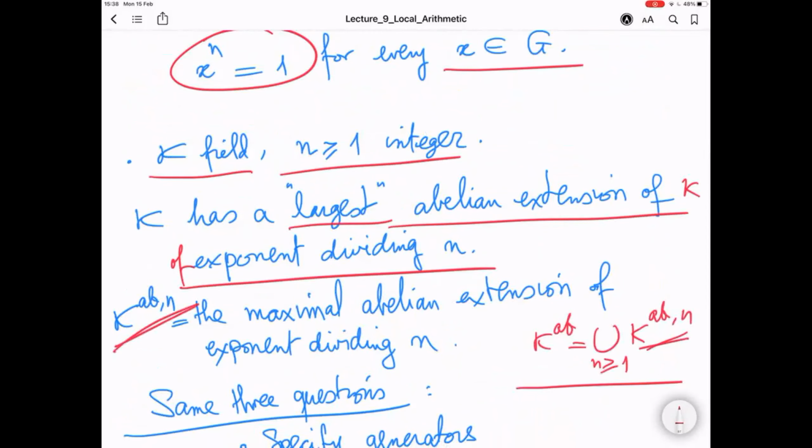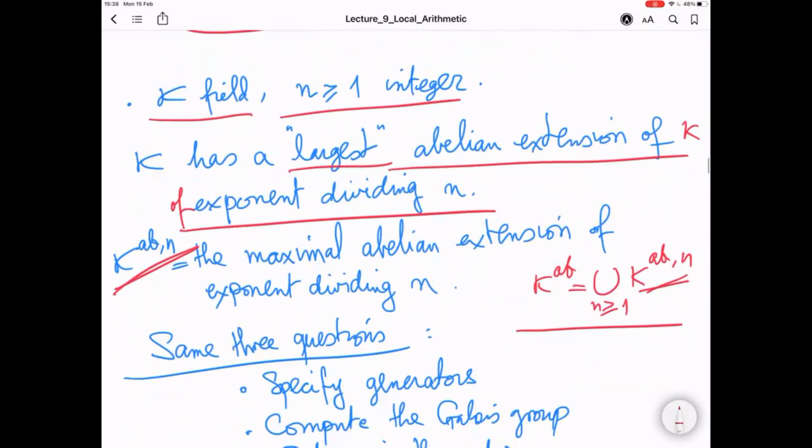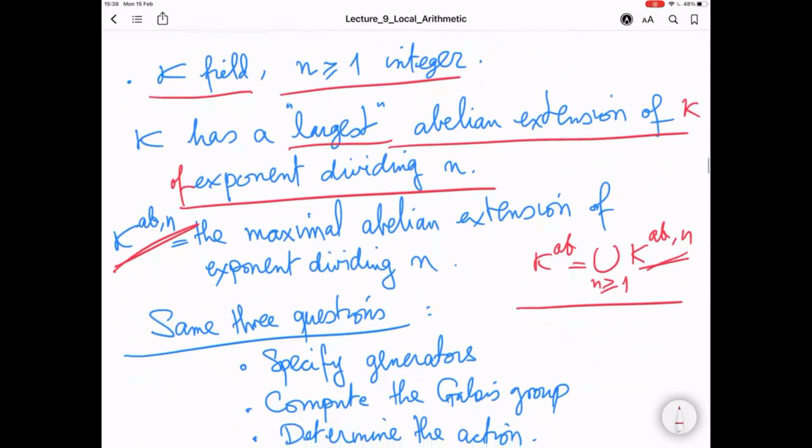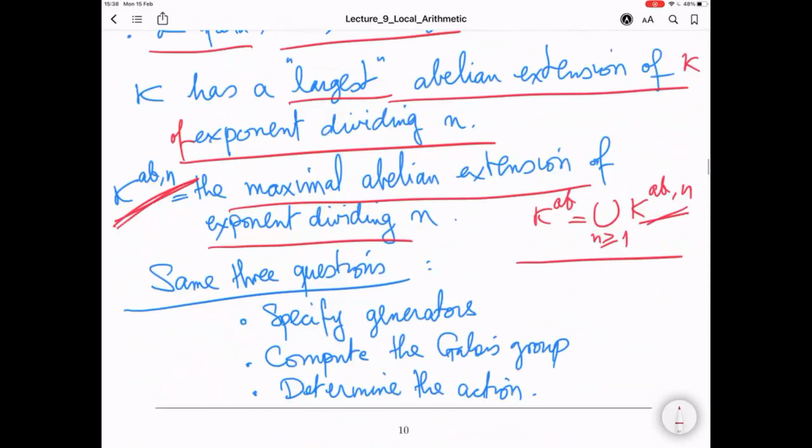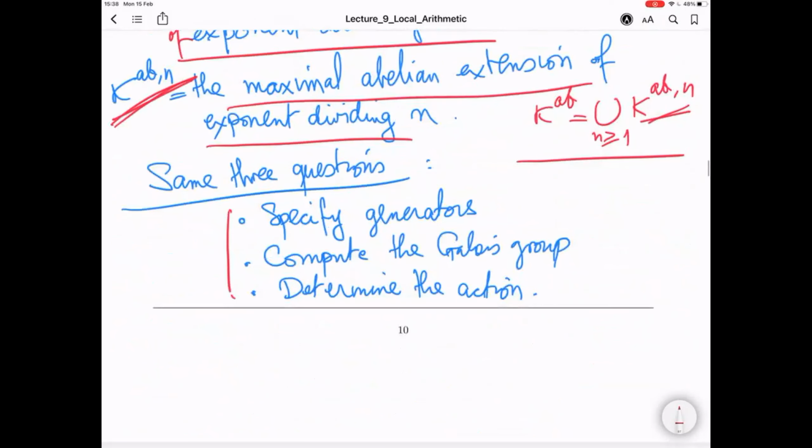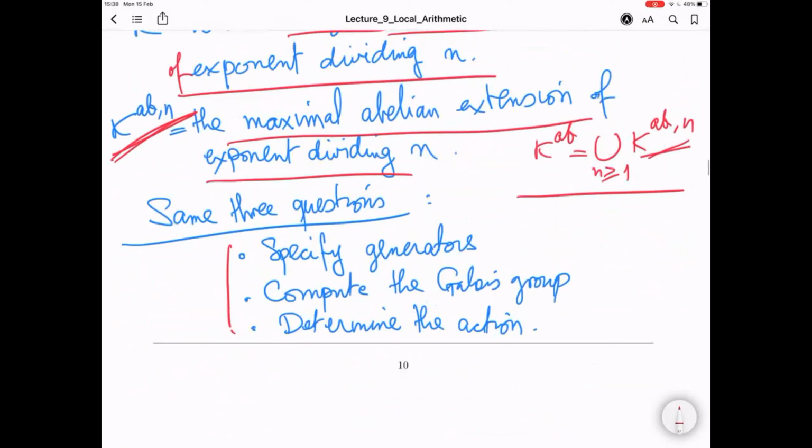These are smaller extensions, and we would like to understand at least these ones. So K^ab_n is the maximal abelian extension of K of exponent dividing n. And we ask these three questions about this smaller extension.